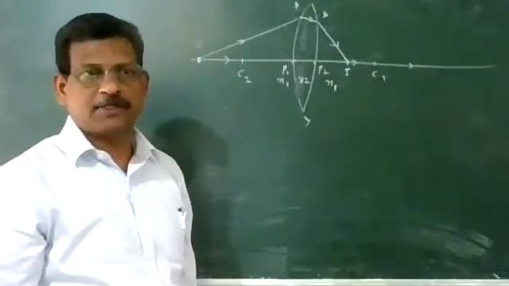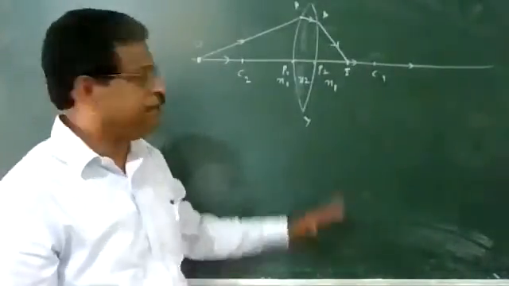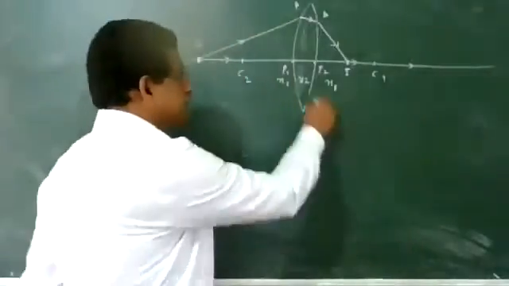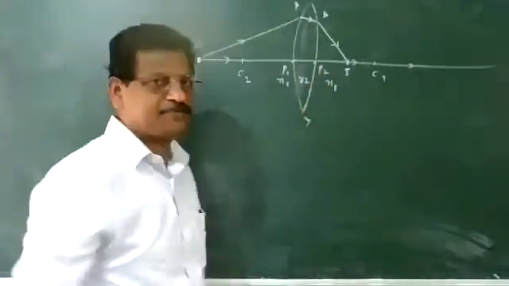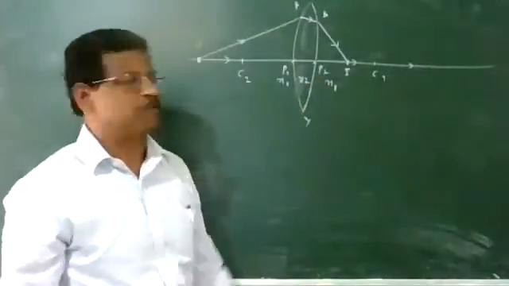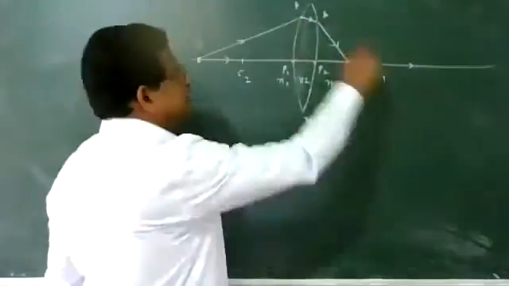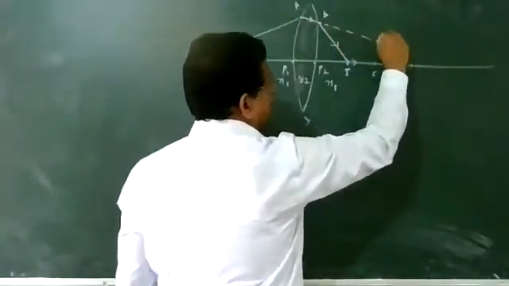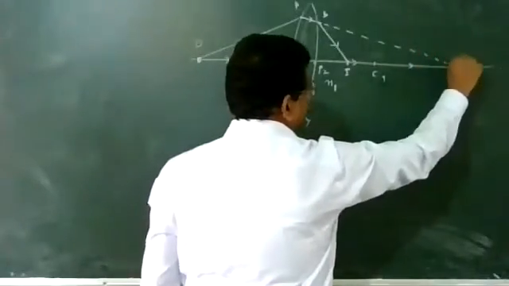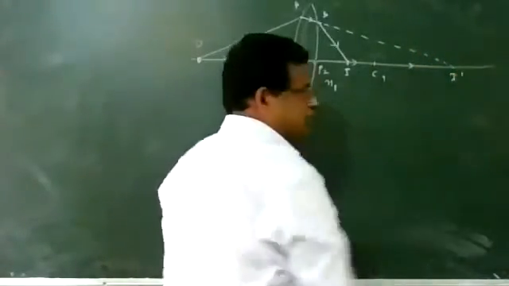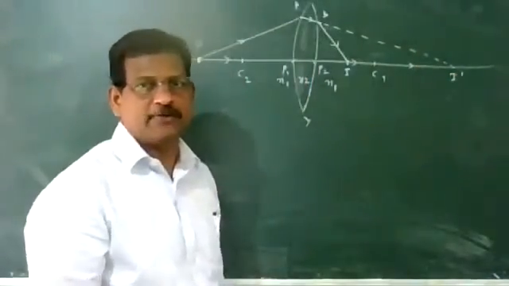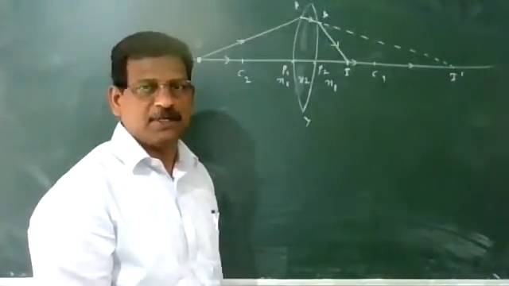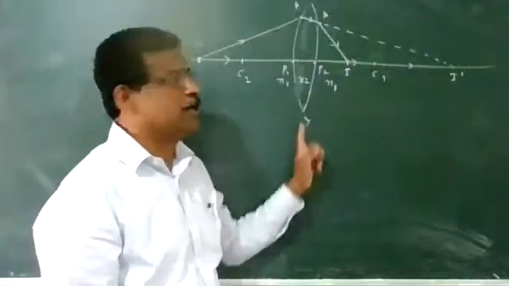For the first part of the discussion, we have seen that if the second medium is continuous and the second boundary is not present, then the ray AB would go straight and meet the first ray at the point I dash, which would be the image of the object after refraction from the first surface P1.